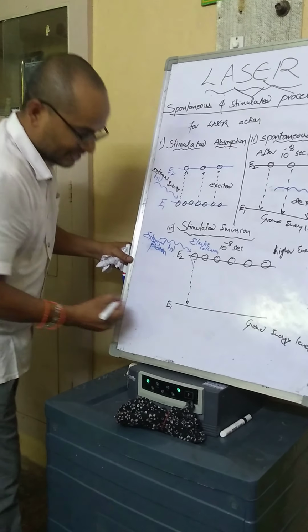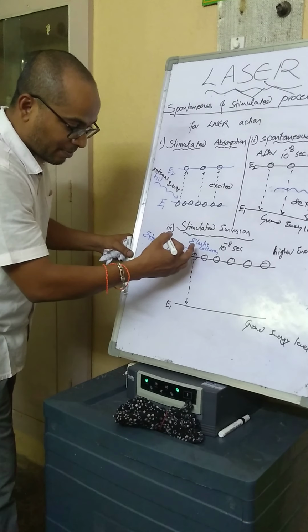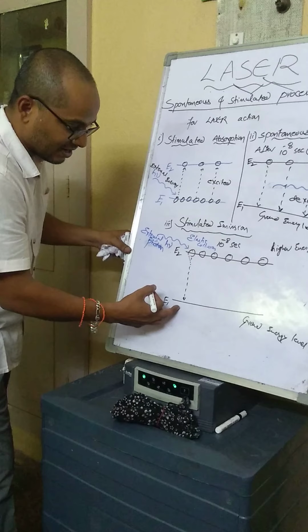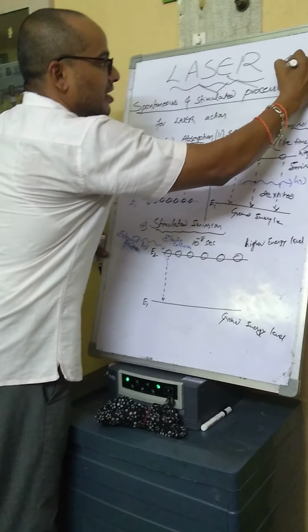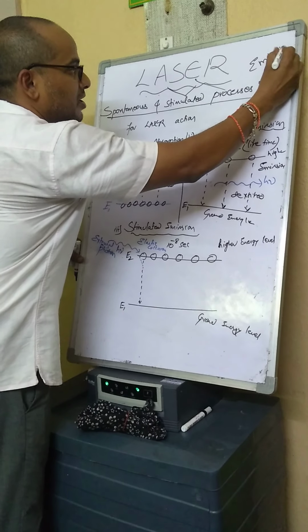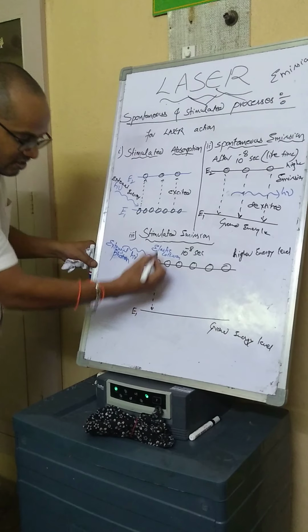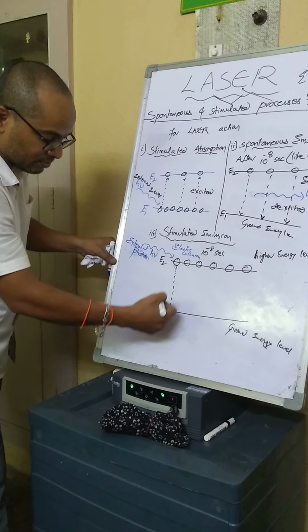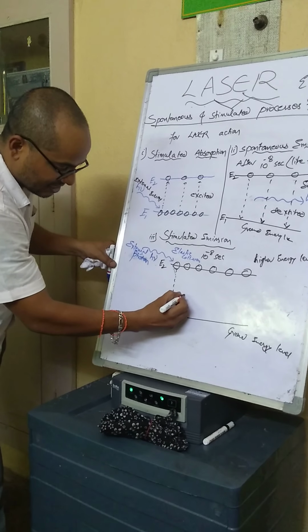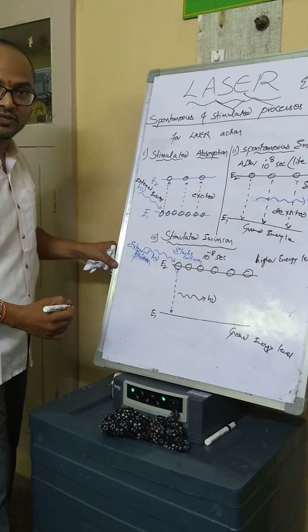While de-exciting from higher energy level to lower energy level, as we already discussed in the process of emission, it emits a photon h nu, and there is another photon h nu.